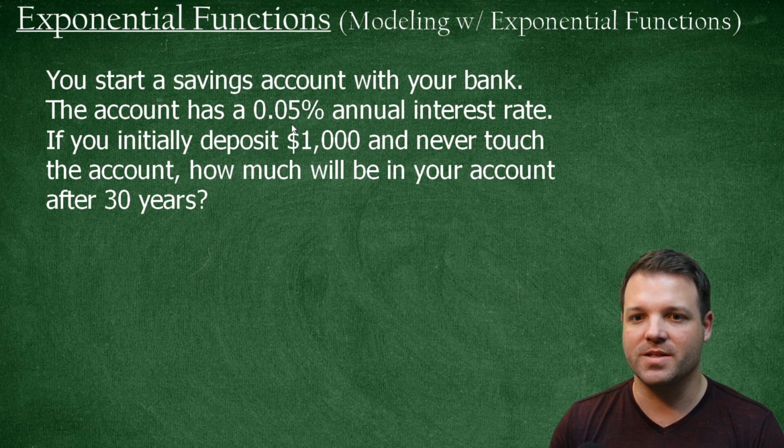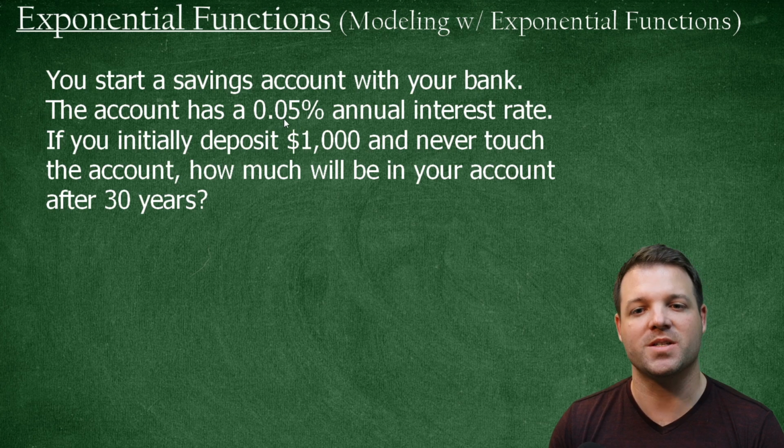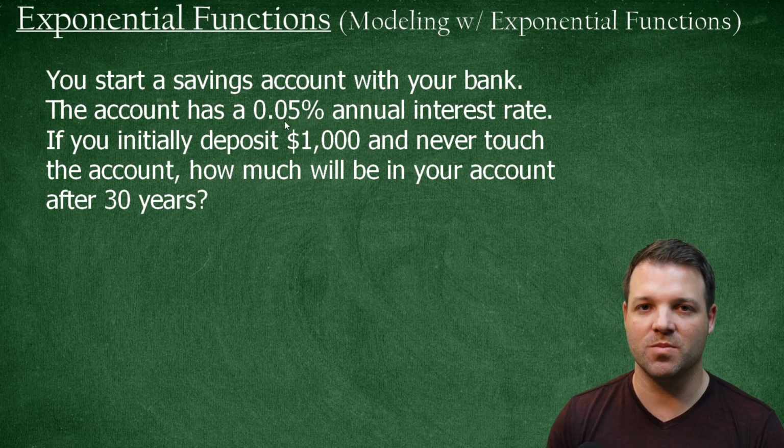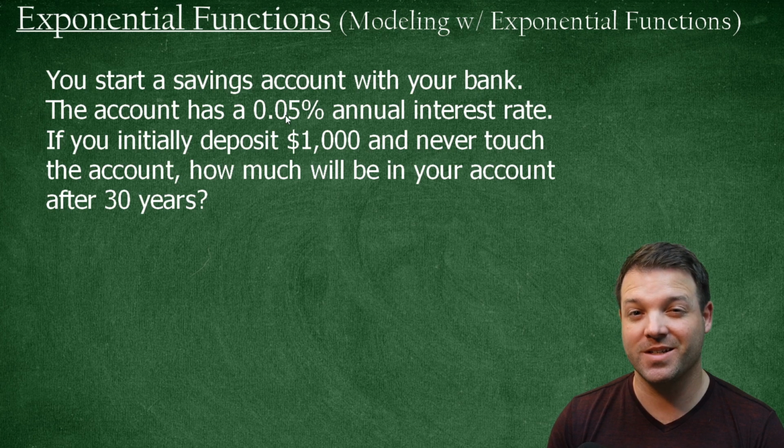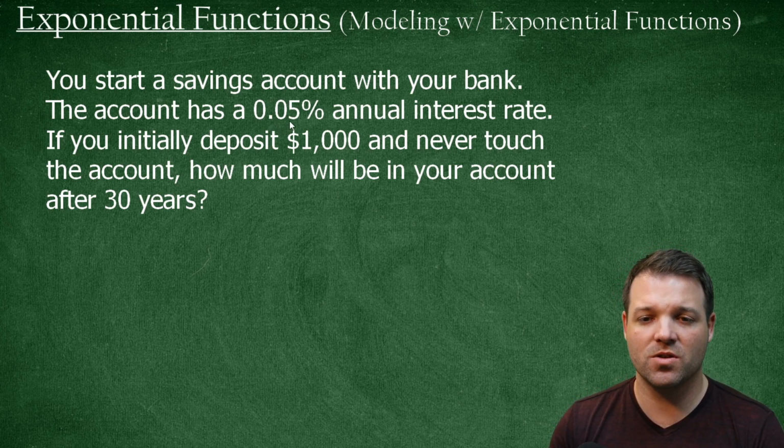I will say the highest rate I found was 0.5%, and the lowest seemed to be 0.01%. You could adjust this to be 0.5%, but honestly, it doesn't change that much. So anyways, if you just go to your bank, odds are a 0.05% rate is what they're going to give you.